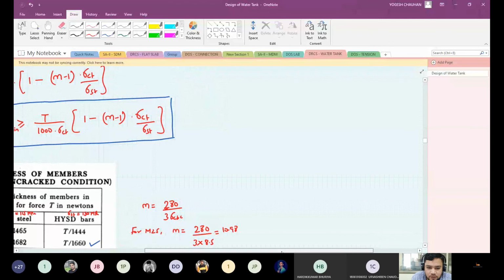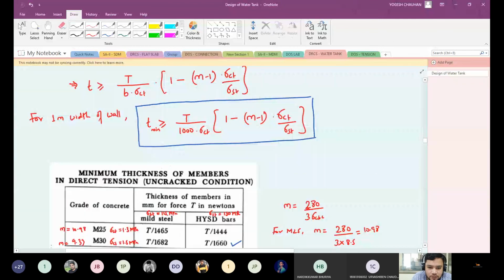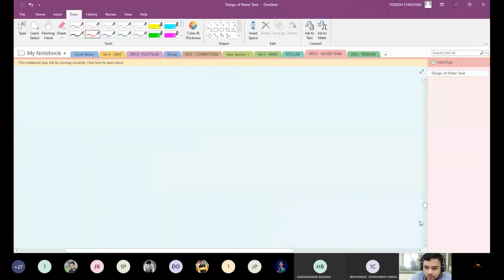You can use it depending upon the grade of the concrete and grade of the steel.